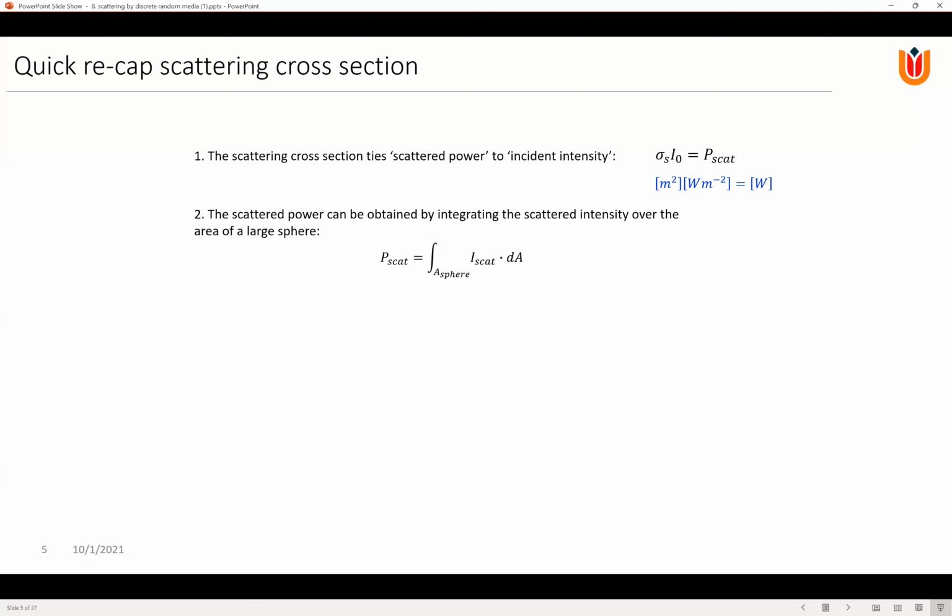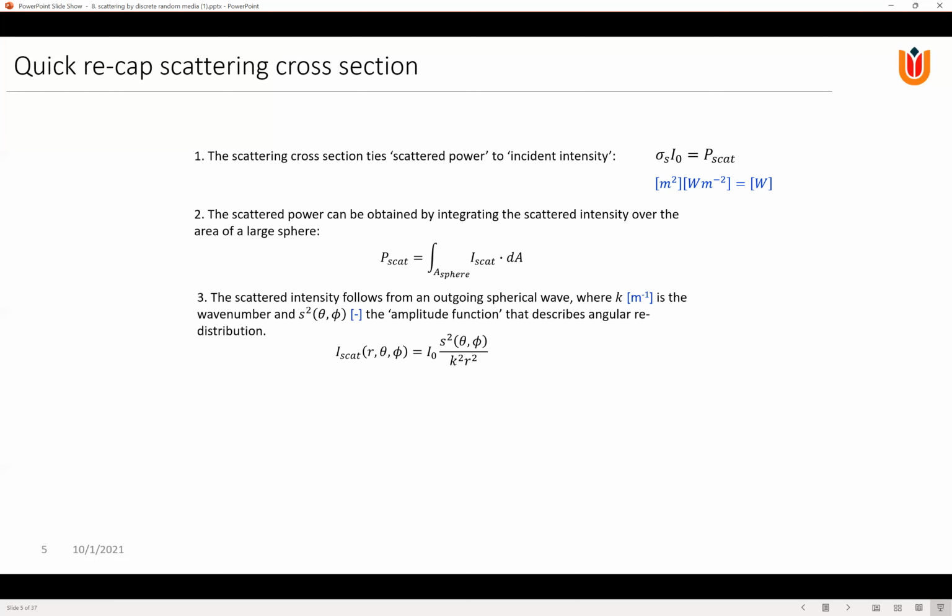We can cast a hypothetical sphere with some radius r around that and integrate all the intensity that goes through the area of that sphere, and then obtain an expression for that power.